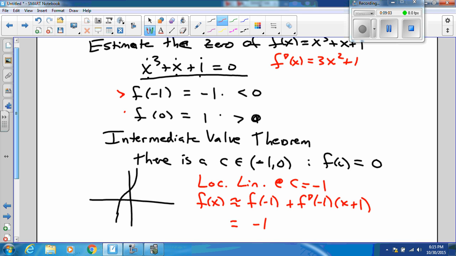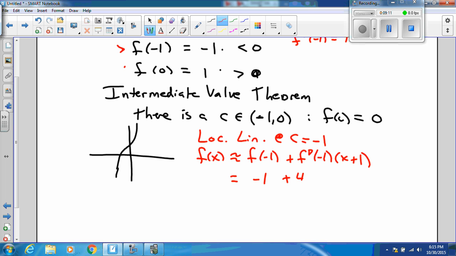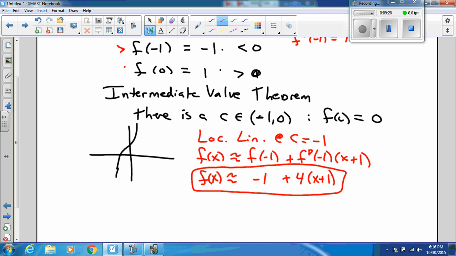F prime of x is equal to 3x squared plus 1, and therefore f prime of -1 is equal to 4. And so there is my local linearization. Let me keep the approximately equals here. Notice that, again, it was very easy to construct the local linearization.